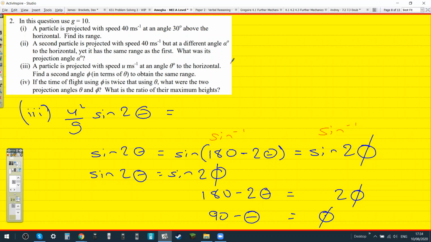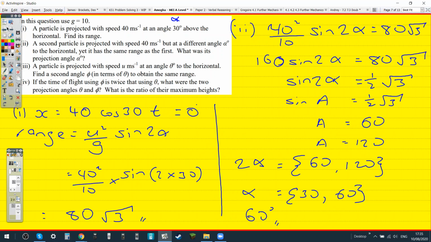Okay. And 4. I don't know. How do you find the time of flight? Isn't that just when x is 0 and then the time of flight is twice that? So we had the time of flight way back when.